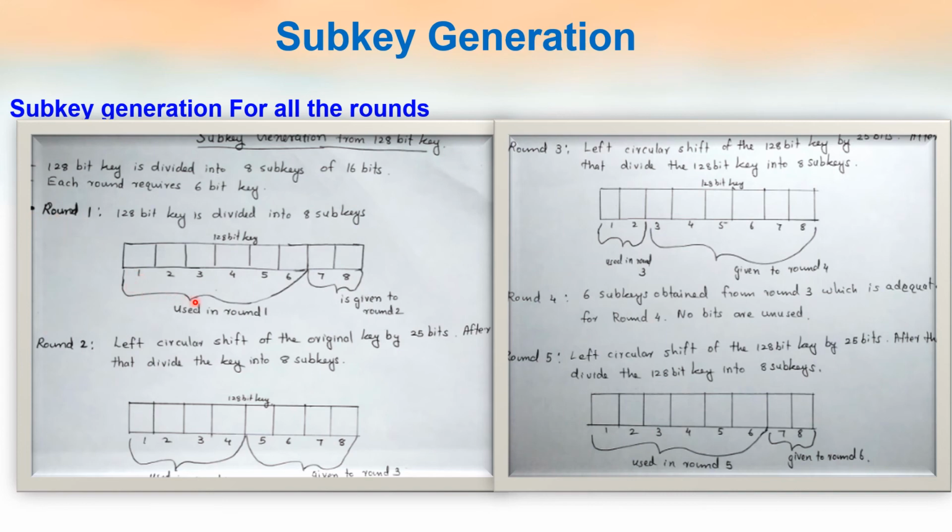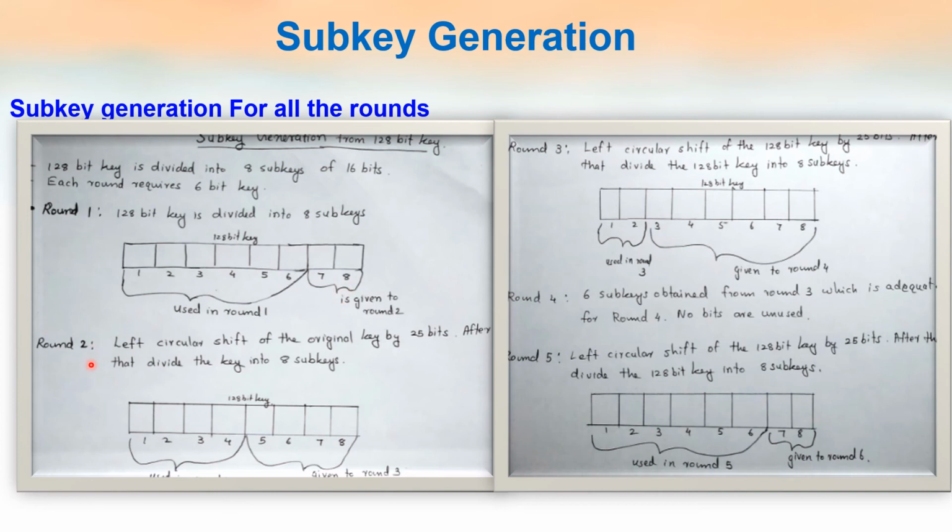Round 1 requires only 6 keys from this. So these first 6 keys are given to round 1. Then these 2 keys, 7 and 8, which form 16 into 2, 32 bits, are given to round 2. Round 2 requires again 6 subkeys.